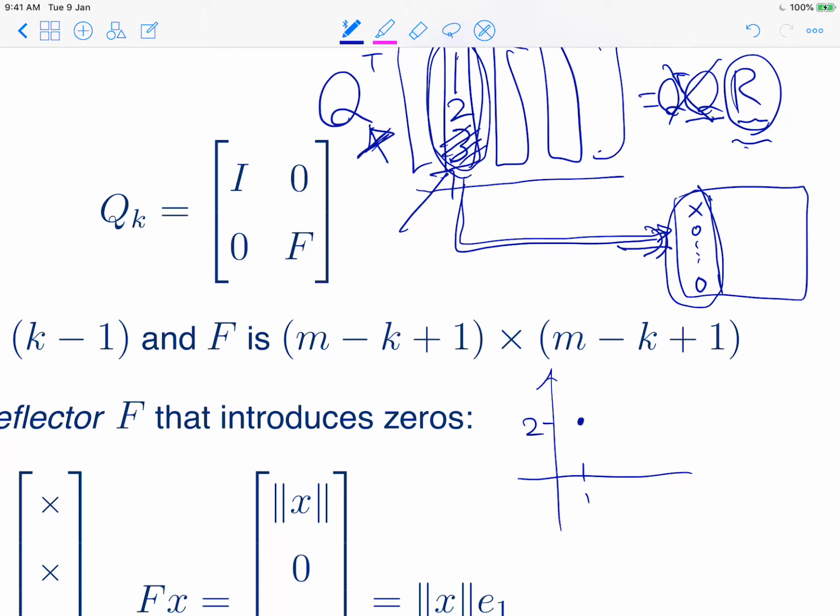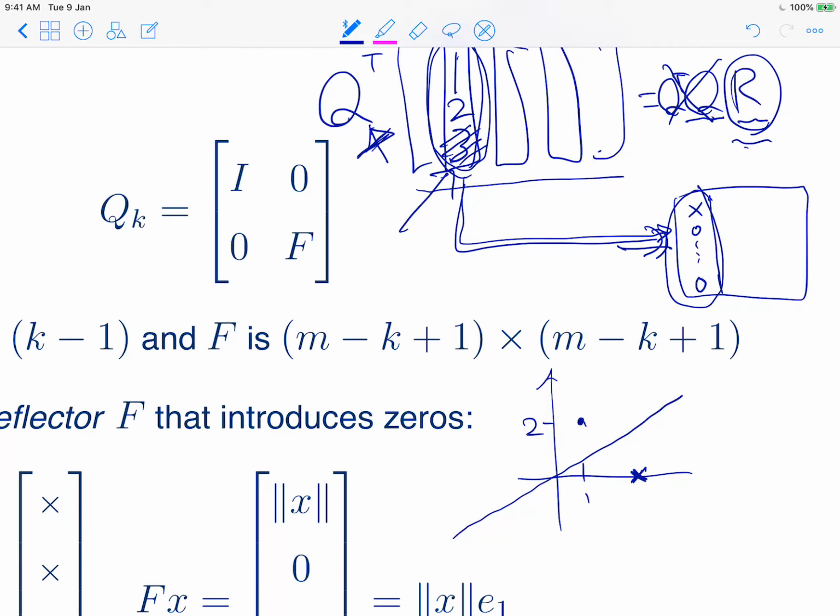We have an original point here, right? And after doing the reflection, the reflected point should be on the first axis, something like this, right? And so our reflection line will be something like this.